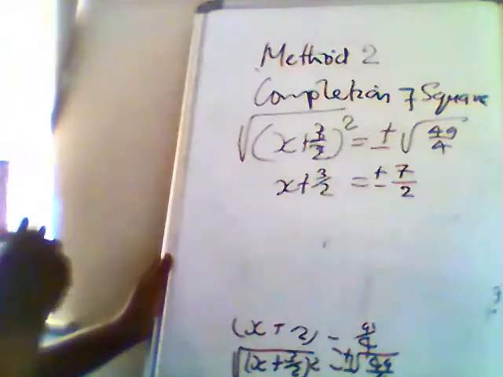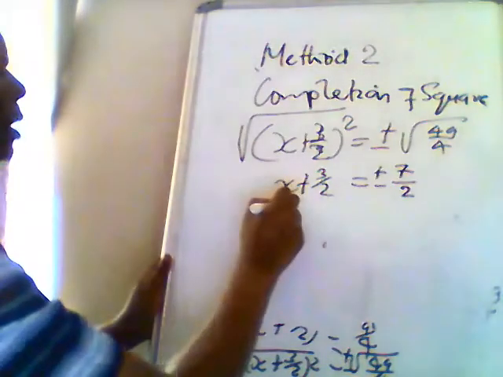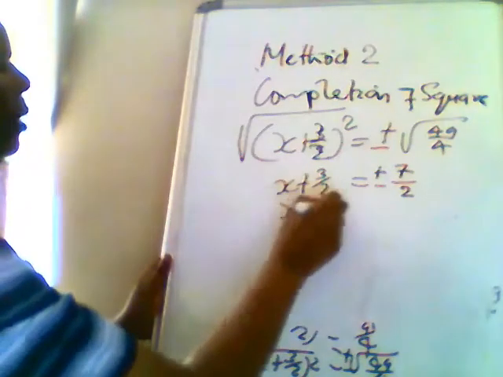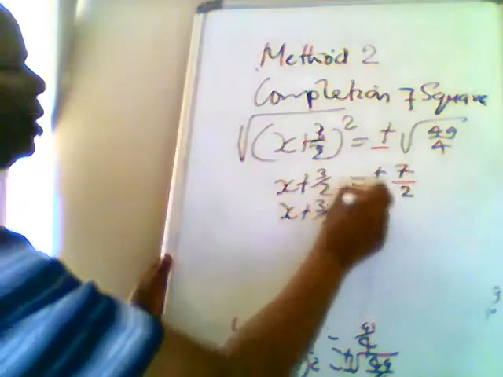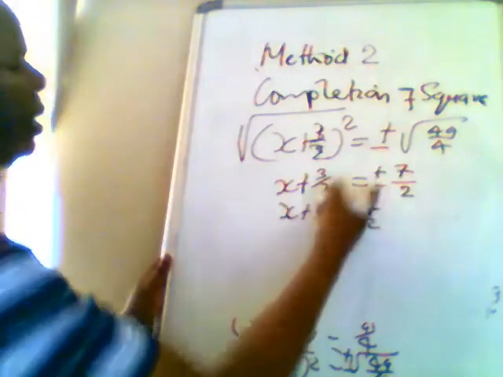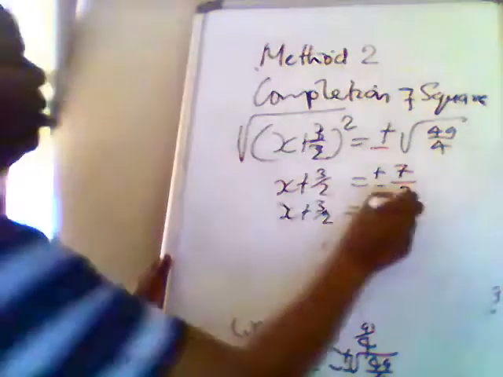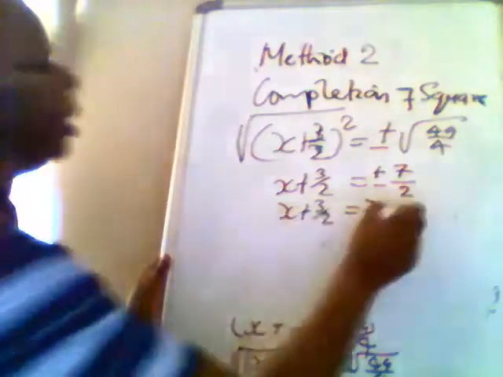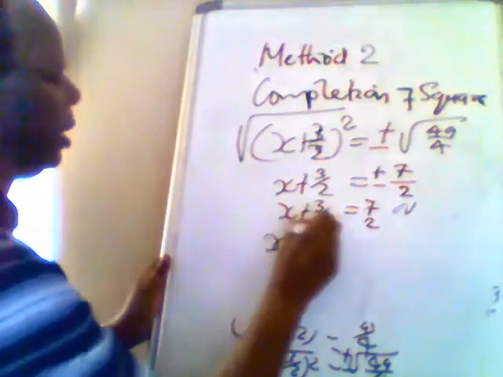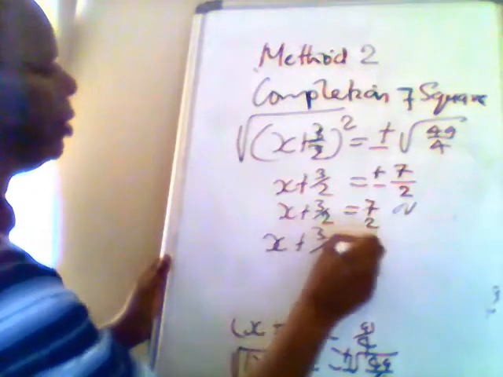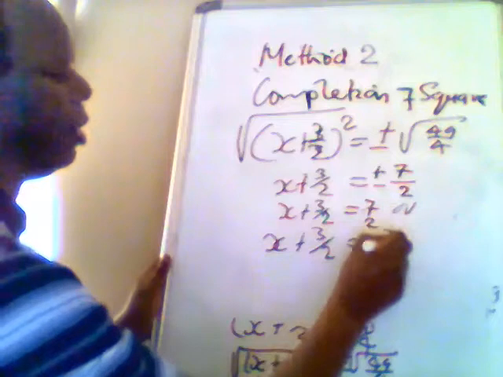And then the first answer is going to be x plus 3 over 2 equals 7 over 2. That's the positive. Or x plus 3 over 2 equals minus 7 over 2.